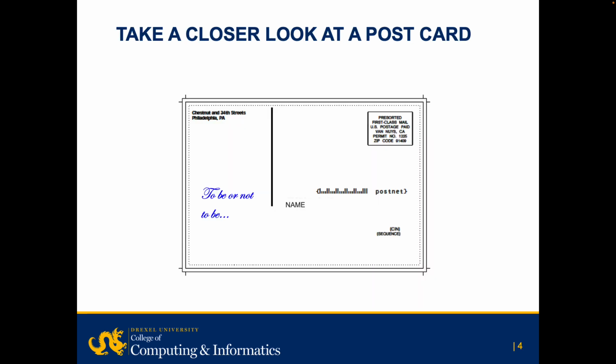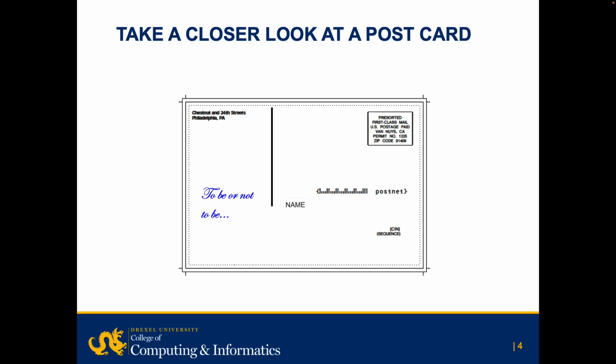So first, a couple of things. It has to reach your friend. So there has to be some kind of formatting for the name of your friend, the destination, and where it's from, the from address.